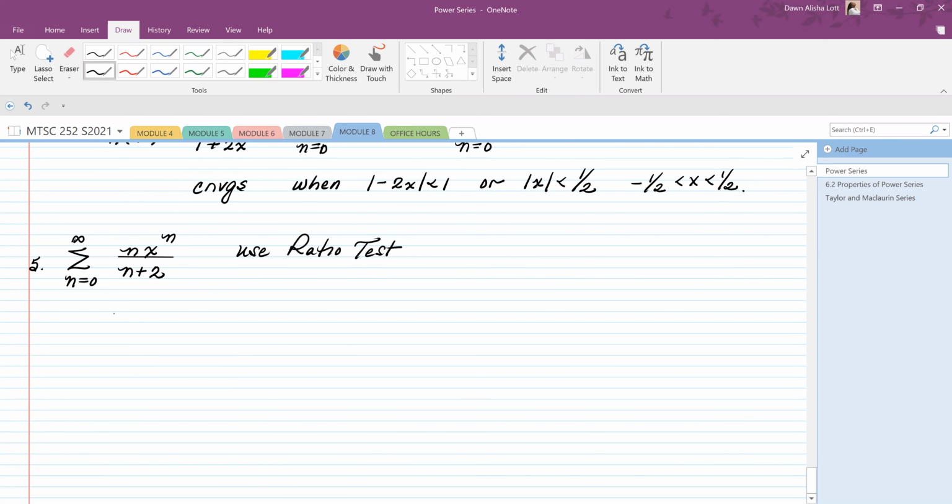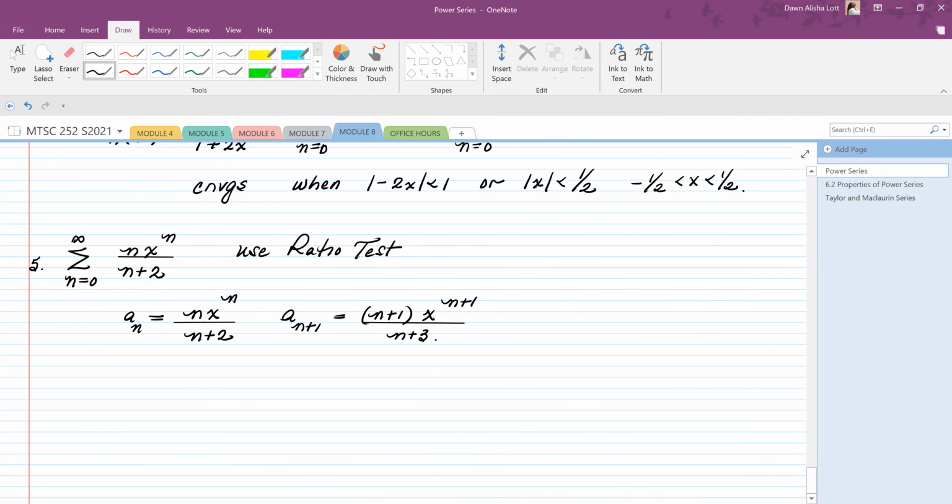Okay, so a sub n is equal to n x to the n divided by n plus 2, and a sub n plus 1 is going to be n plus 1 x to the n plus 1 divided by n plus 2 plus 1, which will be n plus 3.